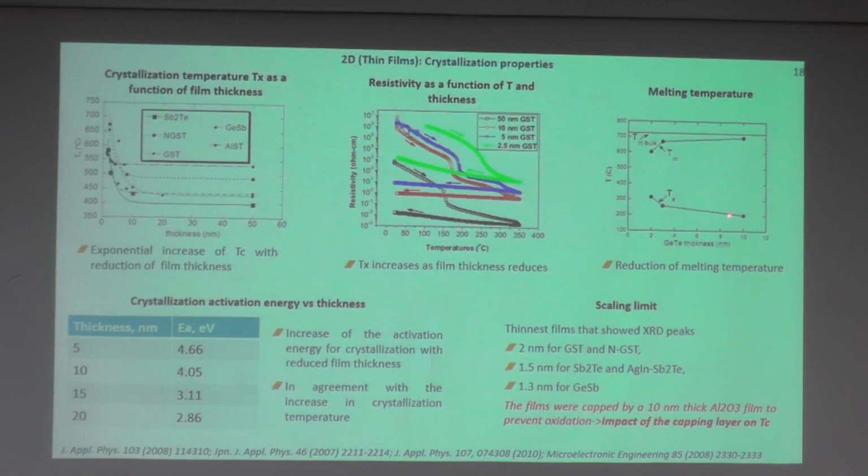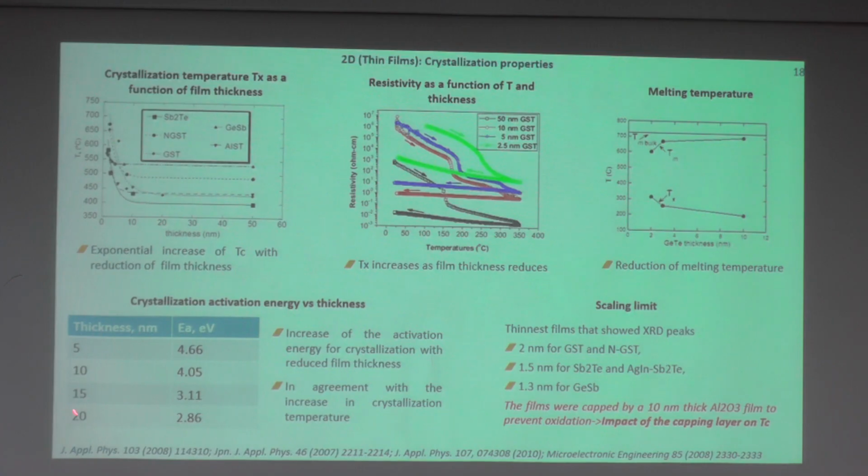Also, there is a reduction of melting temperature with the size. This is for germanium telluride. Here you see the melting temperature, this is bulk, and this is the thin film. The crystallization activation energy against the thickness also increases with reduction of thickness.